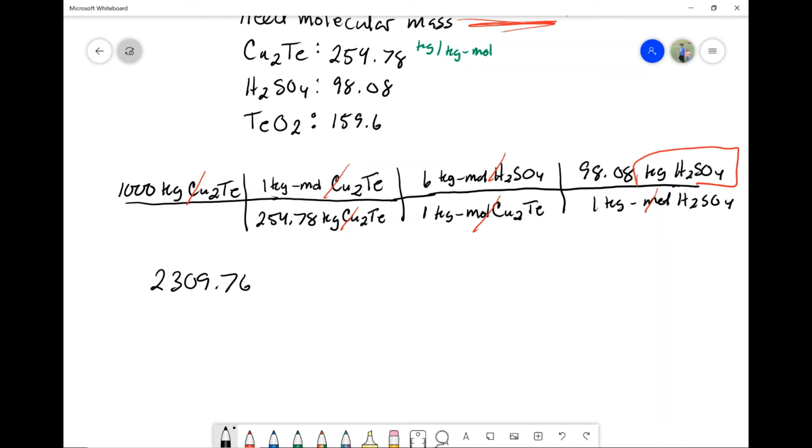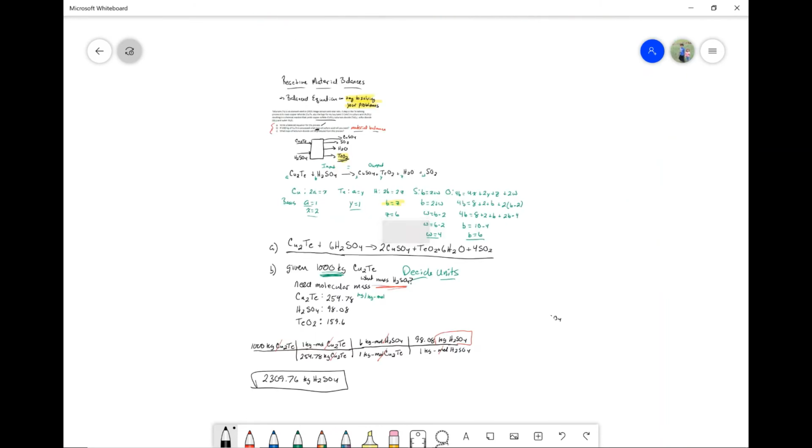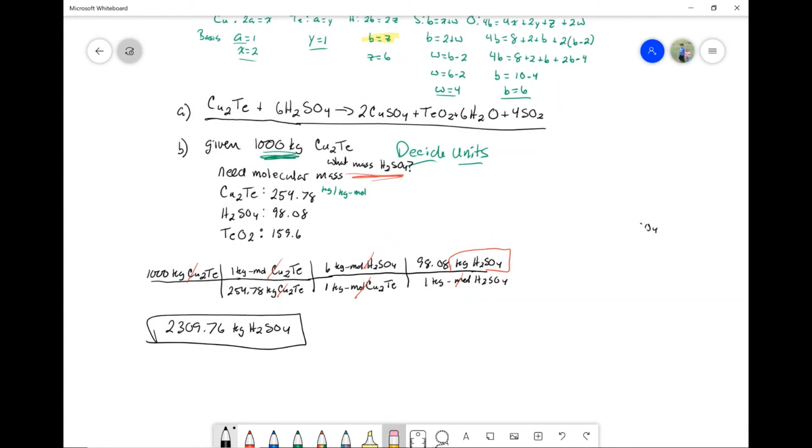What are the units? Kilograms H2SO4. So this is the answer.